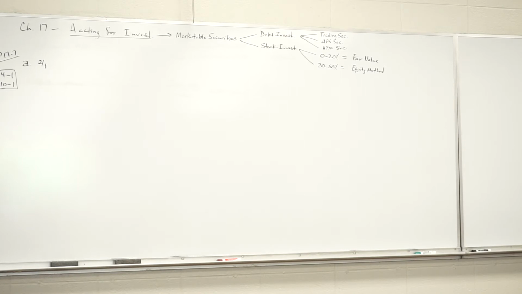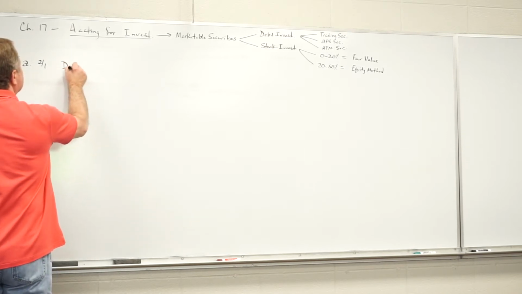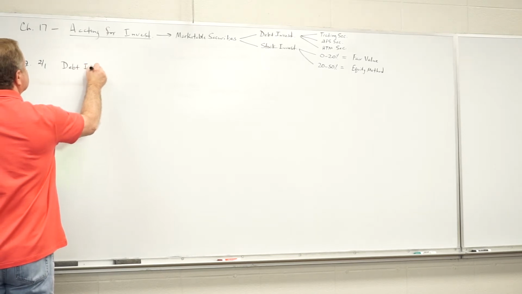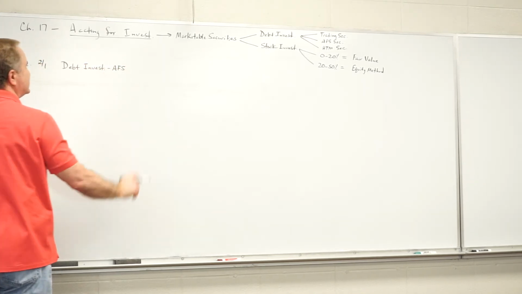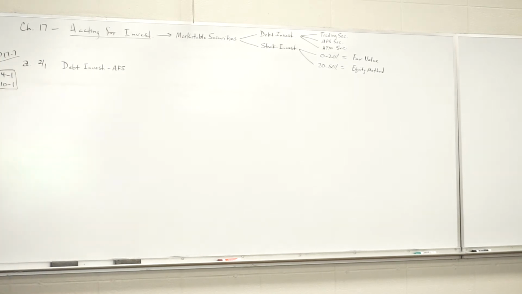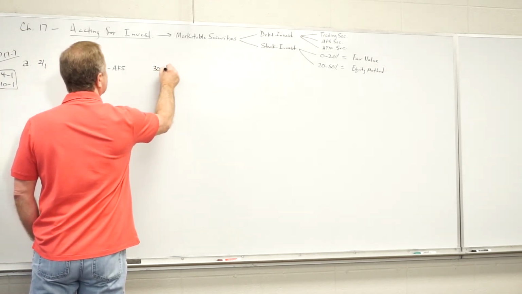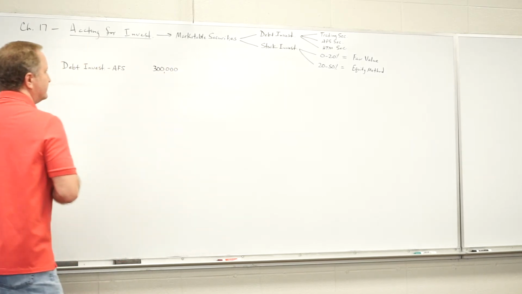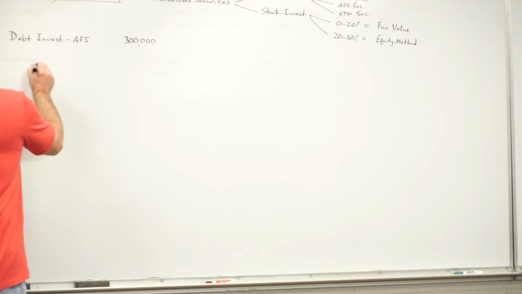The first thing we're going to do is debit debt investments, AFS. We paid 100% of face value, so that will be $300,000. Okay, skip the next line, and I'm going to credit cash.